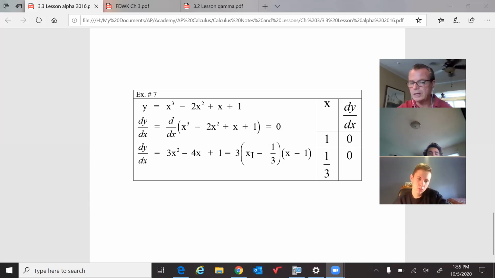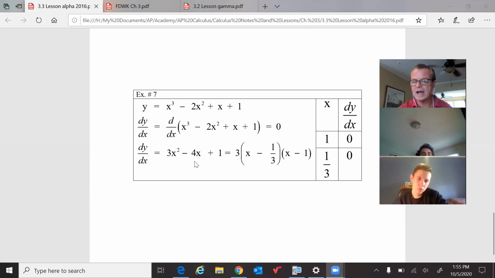Then I took the 3x take away 1 and factored a 3 out. You don't have to do this. You can just set 3x take away 1 equal to 0, and you'll see that 1/3 makes it 0. 1 makes this 0. Ready? These are the inputs. I'm leaving out the height of the function here and just saying when is the derivative 0, when it would have a horizontal tangent.